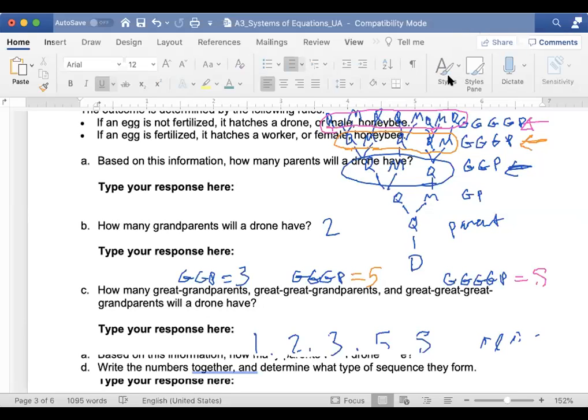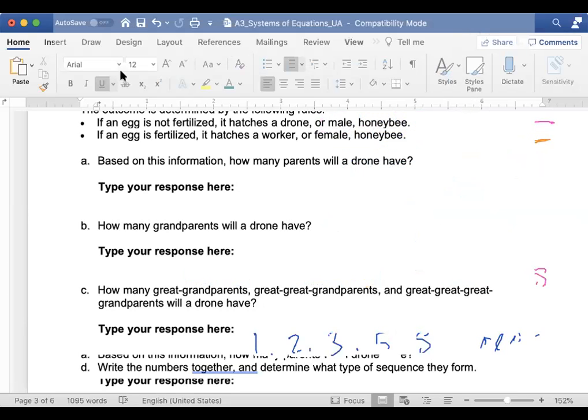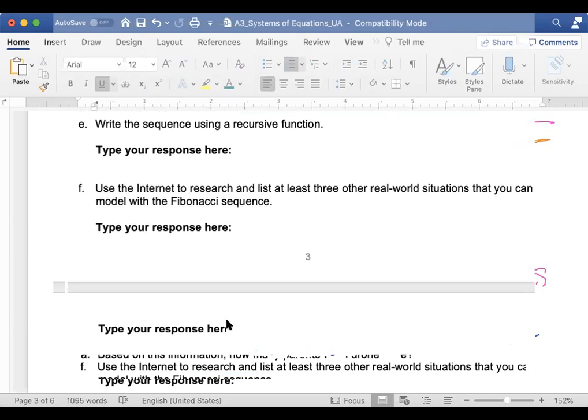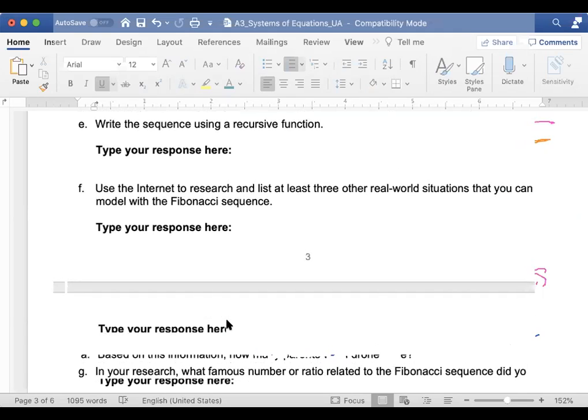All right, so let's clear the screen. Okay, so write the sequence using a recursive function. My sequence was 1, 2, 3, 5, 8. The first term is 1. The 5th term is 8.